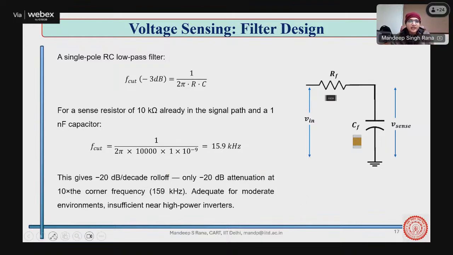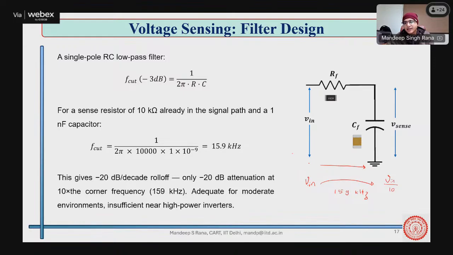So if you have some signal V input, when it gets transferred over here, it becomes V input divided by 10 for a 159 kilohertz frequency. If you have a 1 kilohertz frequency signal, it is transferred with the same magnitude.